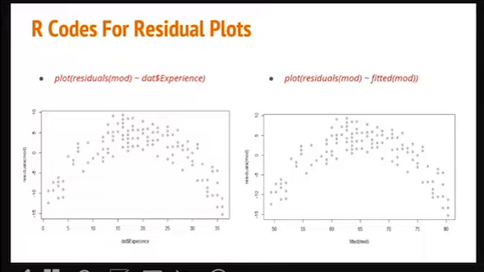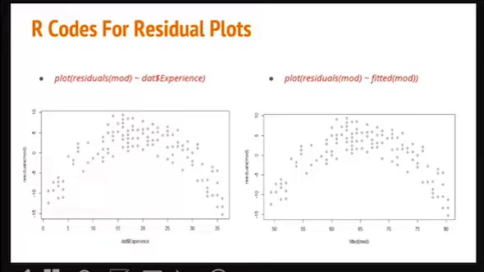Now, what I'm just trying to tell you now is the plots. If you do the plot of residual on experience, this is basically what you're going to have. It means your residual is going to have a pattern.